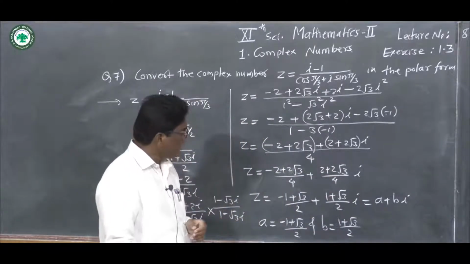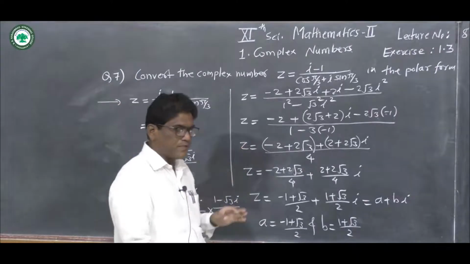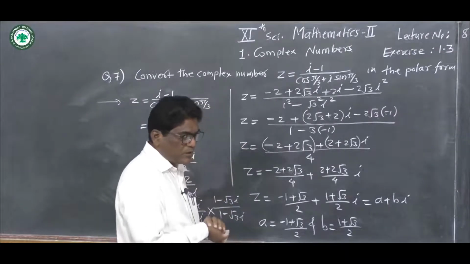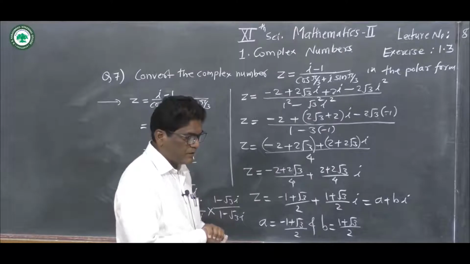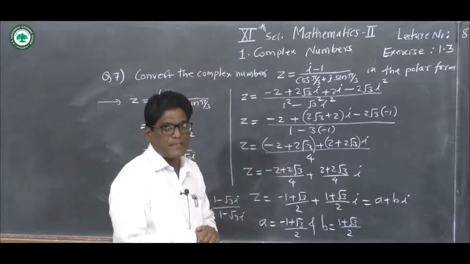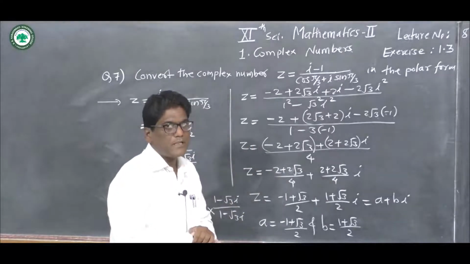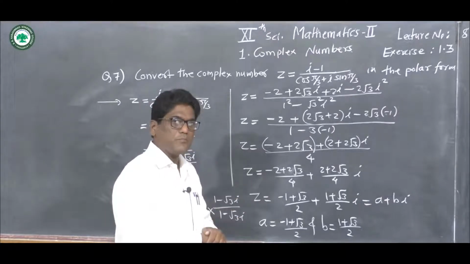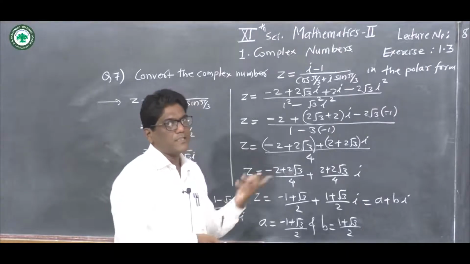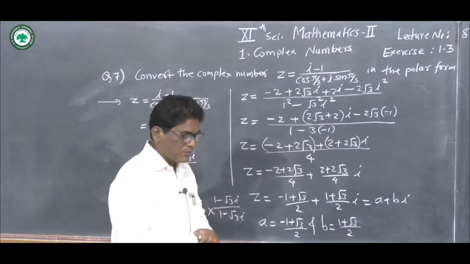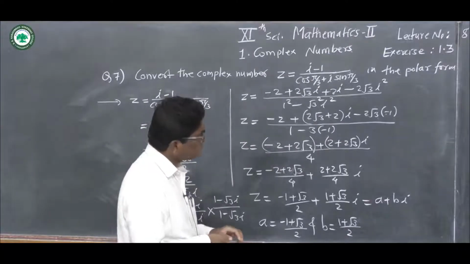Now here we have to convert this into which form? Polar form. Okay, so we have to find r and theta. r is equal to under root of a square plus b square, and theta is equal to tan inverse of b upon a.